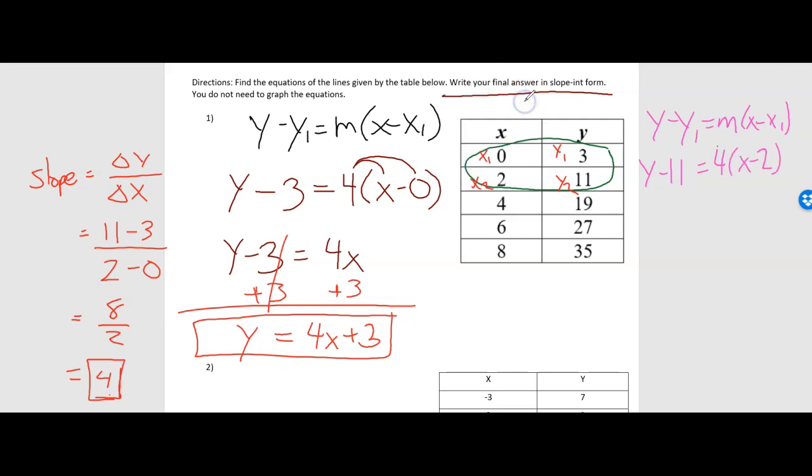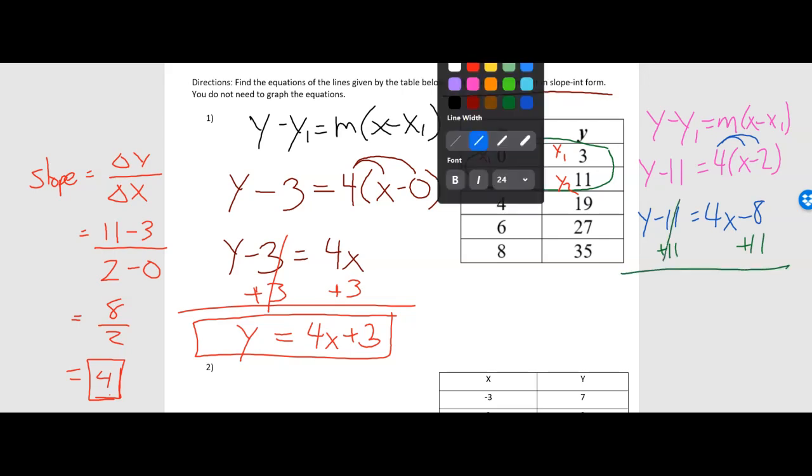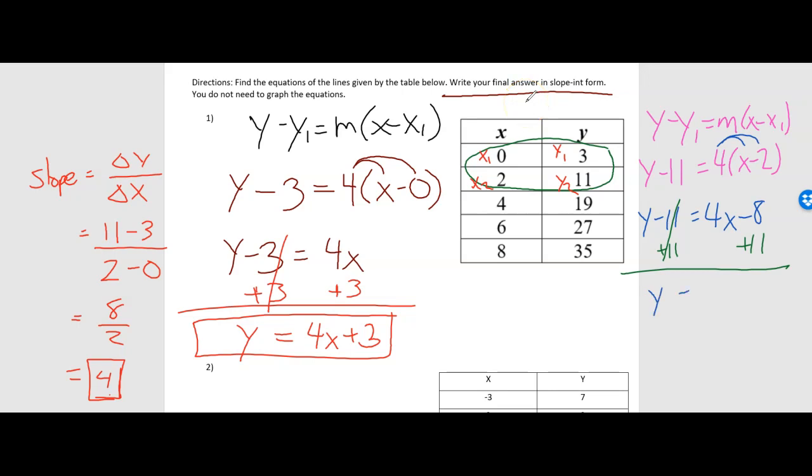Now when I distribute, I get y minus 11 is equal to 4x minus 8. I'm going to add 11 to both sides. And that's going to give me y is equal to 4x plus 3. So again, whatever point you choose for point-slope form, your slope-intercept form is going to come out to be the same.